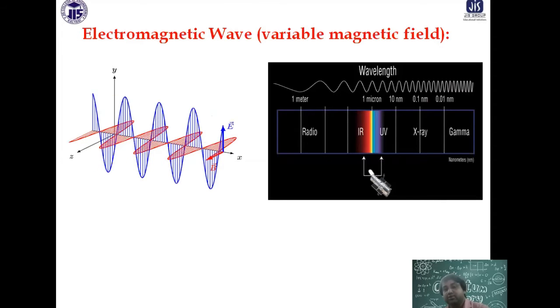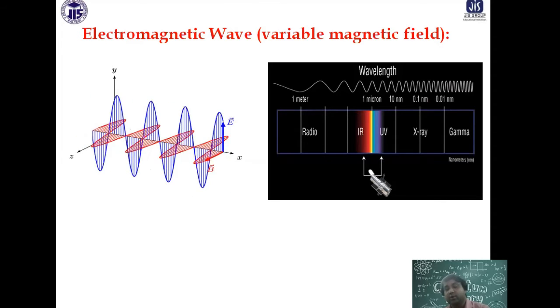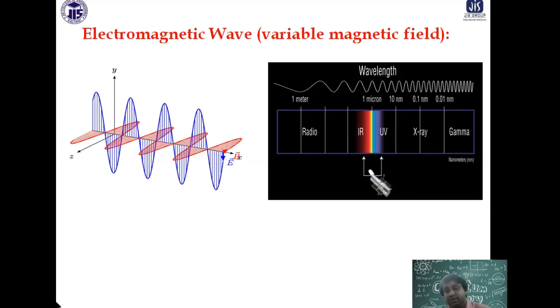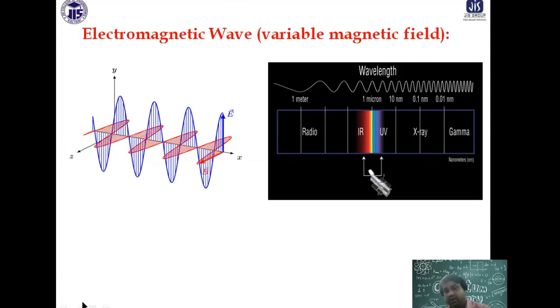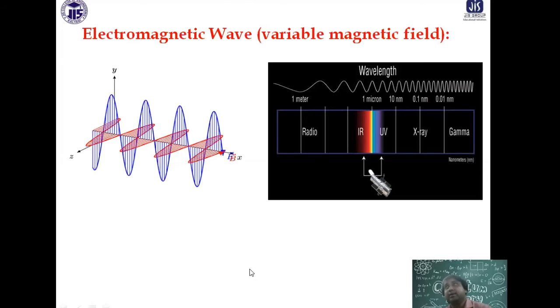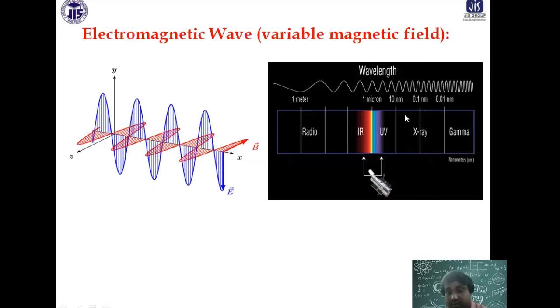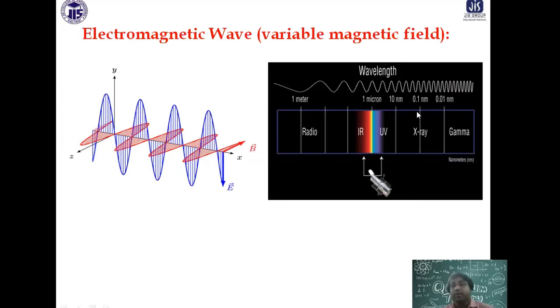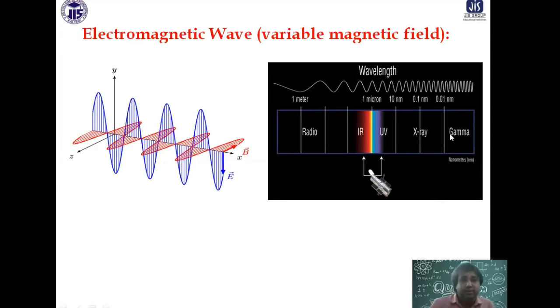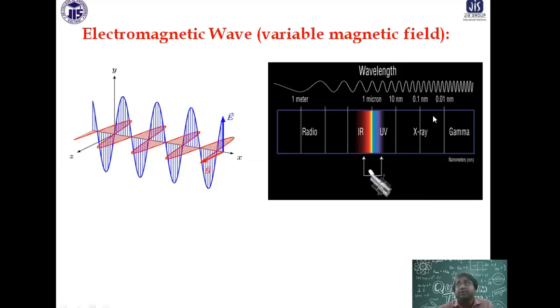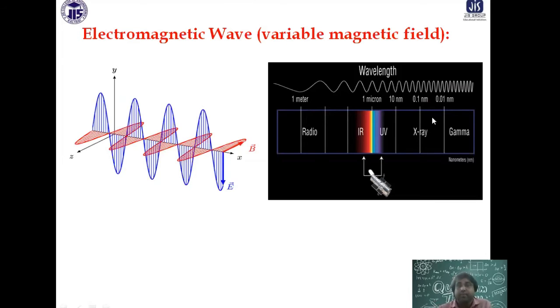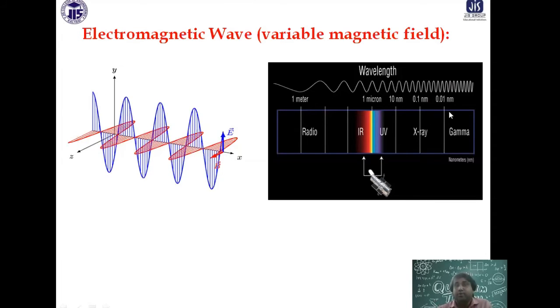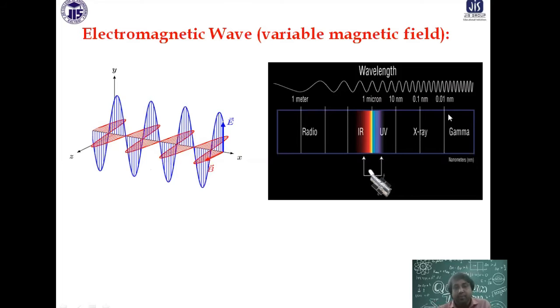So the wavelength of visible light is thousands of angstrom. Now X-ray, gamma ray, their wavelength is much smaller. 0.1 nanometer, where one nanometer means 10 to the power minus 9 meter, so that is like 1 angstrom. And gamma ray is even smaller. You can see there.